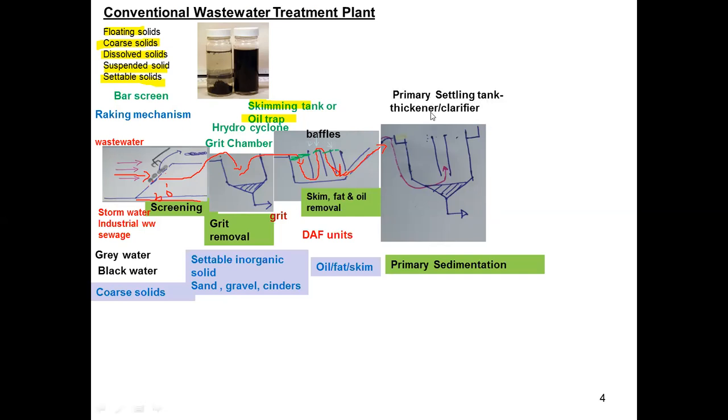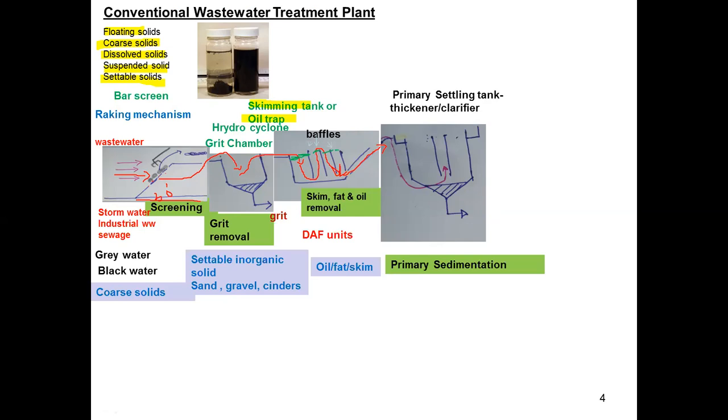So this tank is called a primary settling tank. Okay? When you refer to the unit operation module for the chemical students and for the polymer students, you may have learned about the sedimentation part.